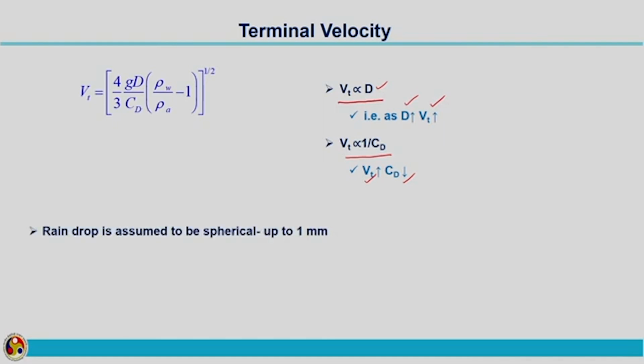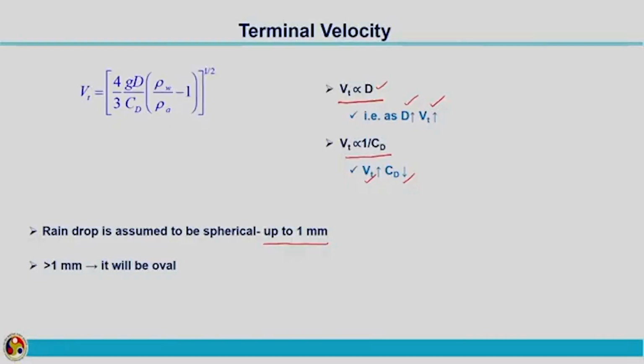A raindrop will be spherical in shape approximately up to a diameter of 1 millimeter. If the size is beyond 1 millimeter, it will not be spherical, it will take an oval shape. When we were talking about the drag force, we had a term A corresponding to the cross sectional area of the drop.